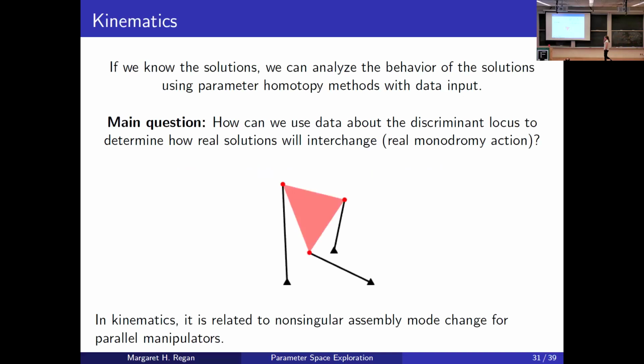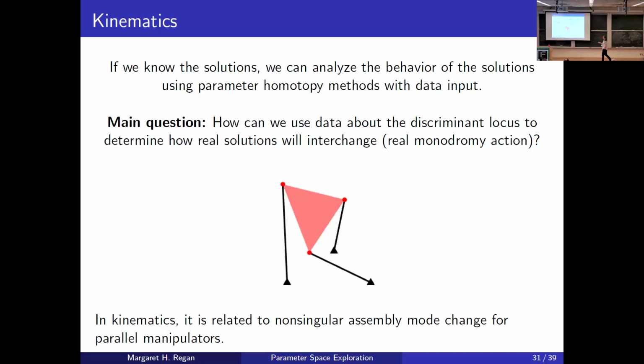We're back to our kinematic mechanism here, where, like I said, the parameters are the leg lengths. Our legs can grow and shrink, and we want to see how the orientation of this mechanism changes as those leg lengths grow and shrink. Can we set the leg lengths, move along a path in the parameter space, growing and shrinking the legs, and have the orientation come back as a different orientation of this triangle when we land back at the same value of the leg lengths?